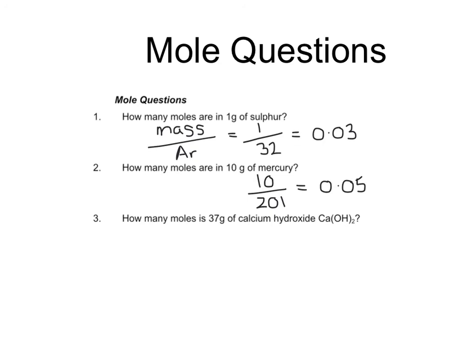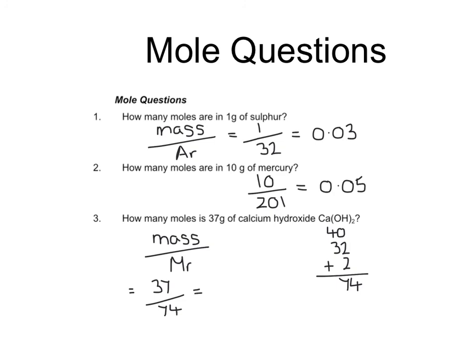How many moles in 37 grams of calcium hydroxide? Well, it will be the mass. This time it's a compound, so it's the MR. I've got to work out the MR of calcium hydroxide. So 1 calcium is 40. 2 oxygens, because it's in the brackets, is 32. 2 hydrogens is 2. When I add that all together, it adds to 74. So the mass is 37 and the MR is 74.